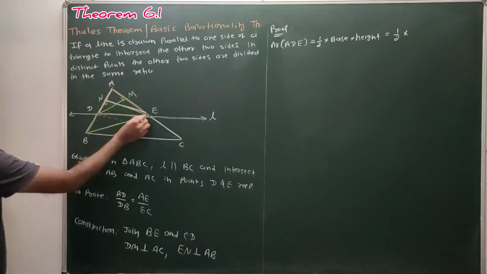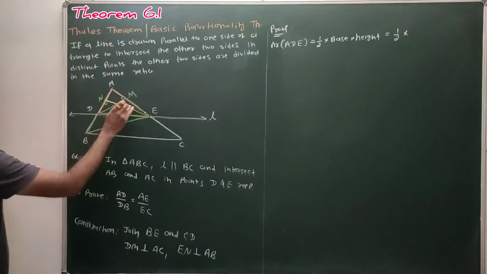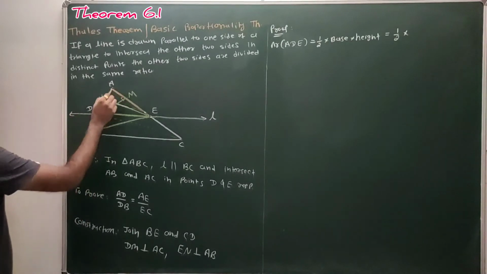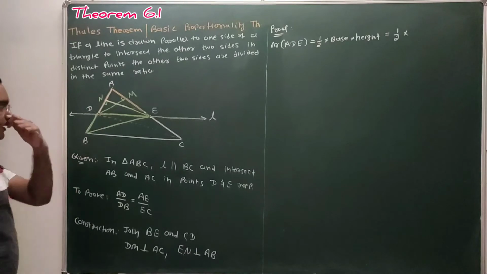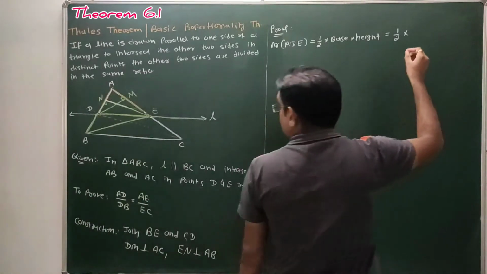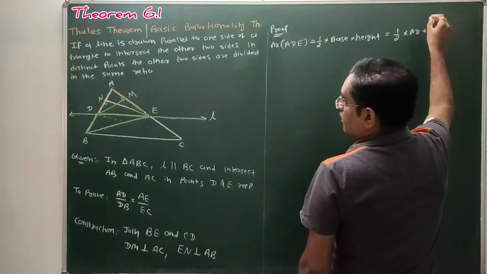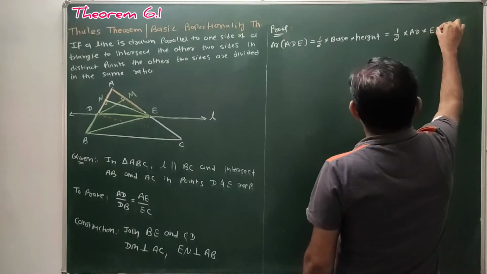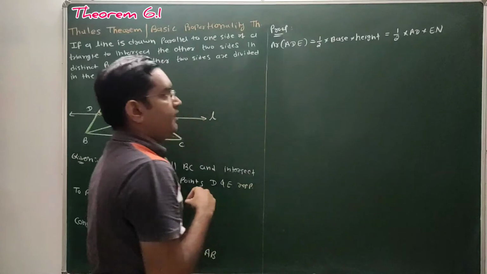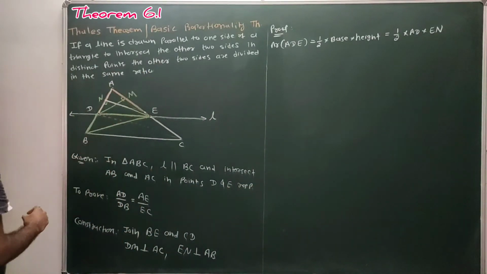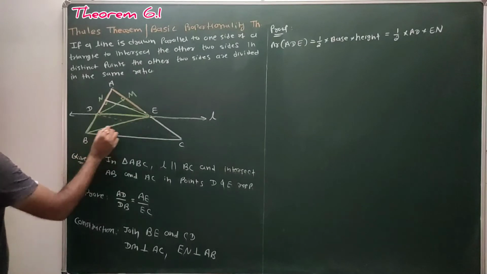This is base, this is height. If we consider this side AD as a base, the corresponding altitude is EN. So it's 1/2 AD into EN. This is the area of triangle ADE. Now consider the area of triangle BDE.